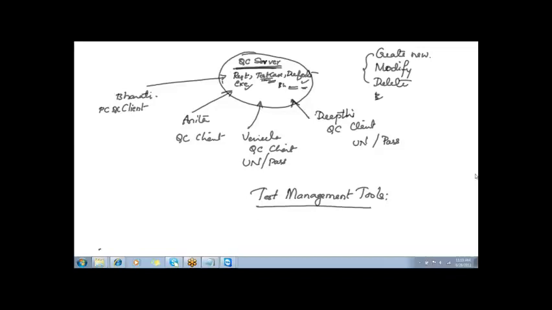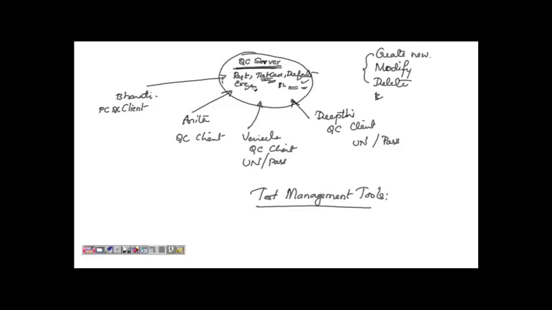Okay, Jaya has a question. Quality Center and Test Director, are they the same? We will come to this question. Now we have different versions of Quality Center. I think some of you have installed Quality Center 9.0. Some of you have installed Quality Center called ALM, correct? These are the different versions of Quality Center.